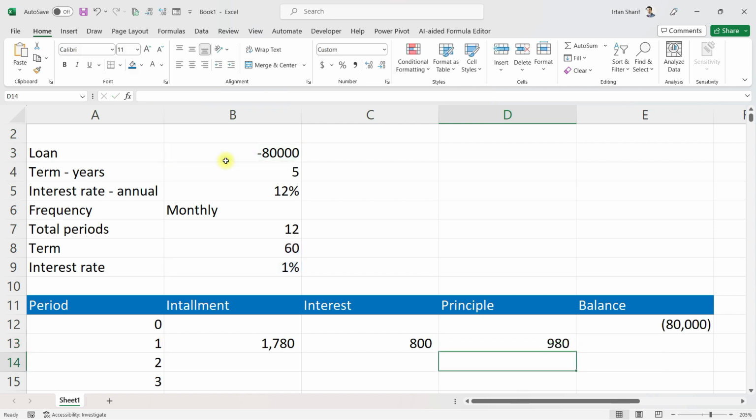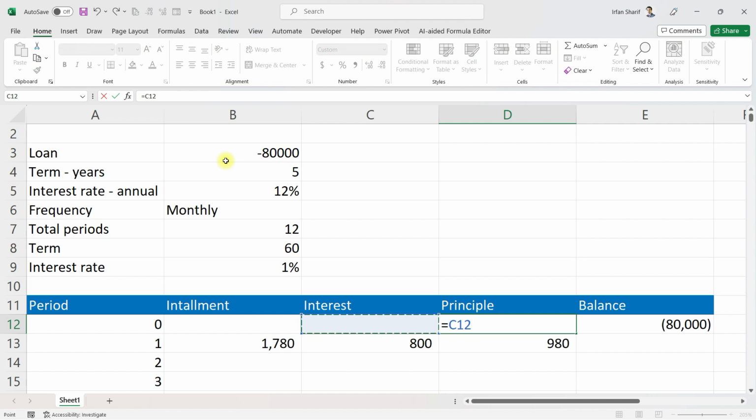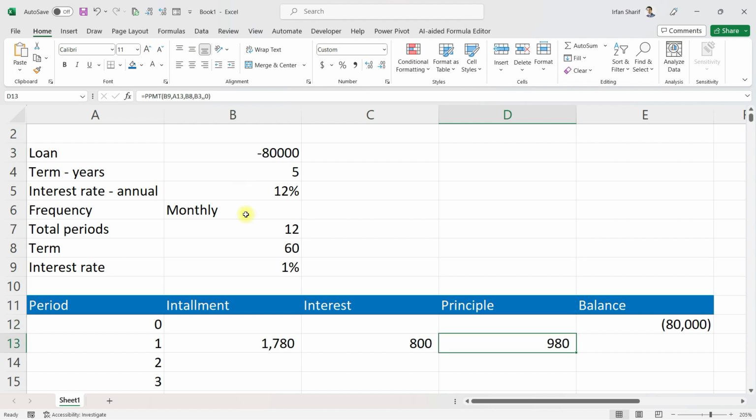Close the bracket, press enter, and you can see that the principal repayment is going to be 980 here. By the way, if we just take the difference of these two, that answer should also be the same, but let us delete that. Now you know what the principal and what the interest was in your installment.